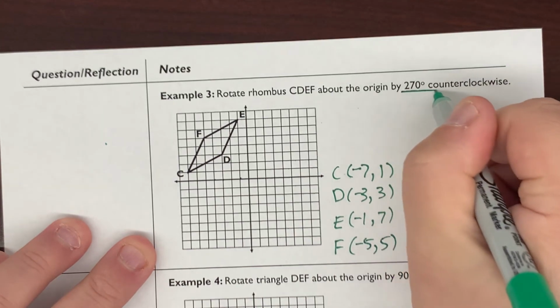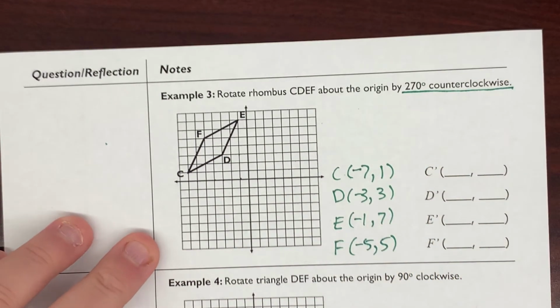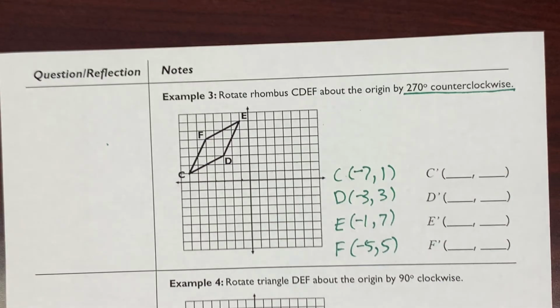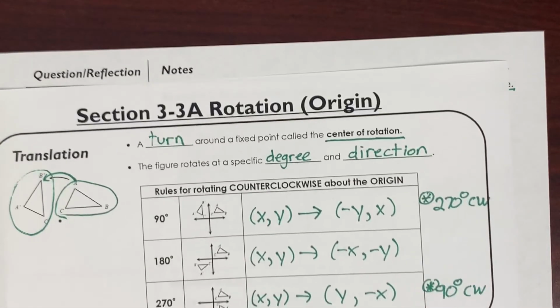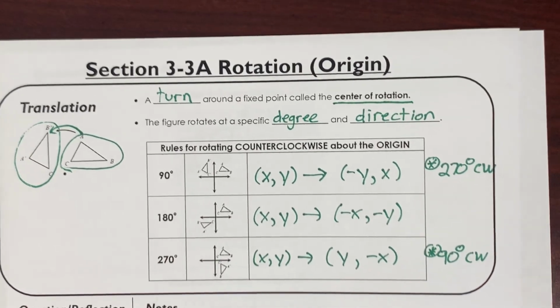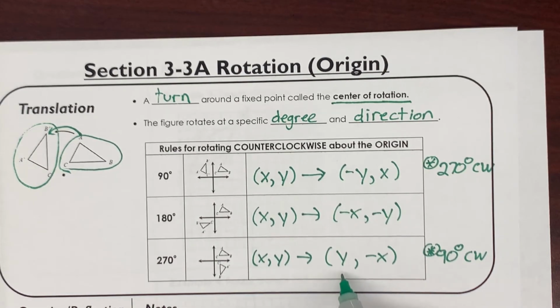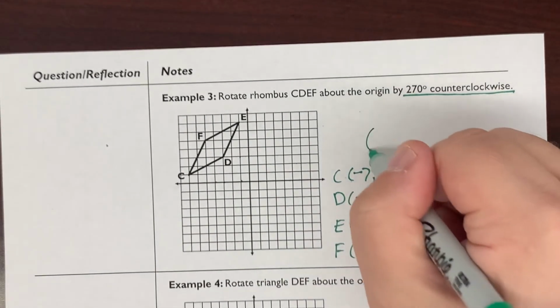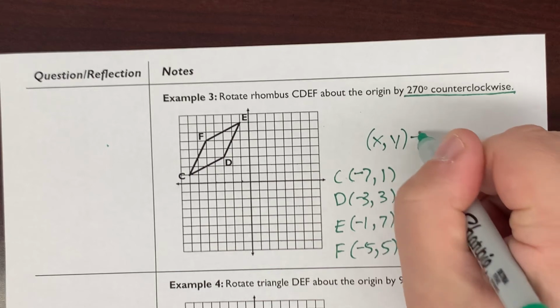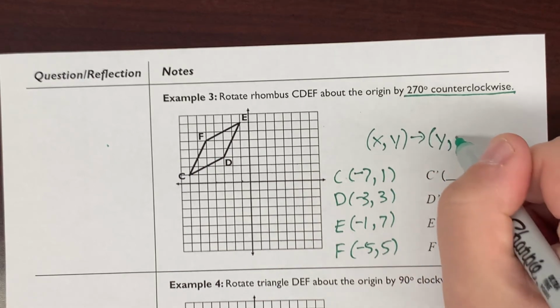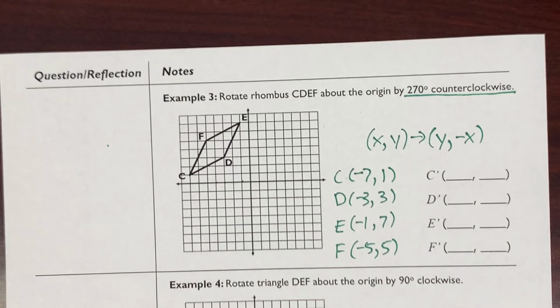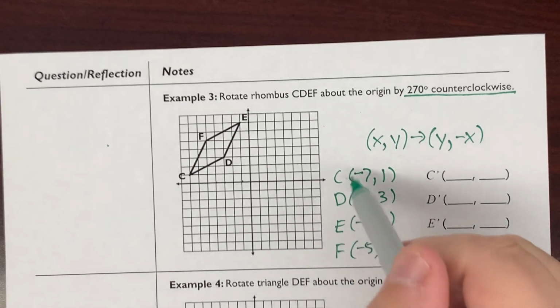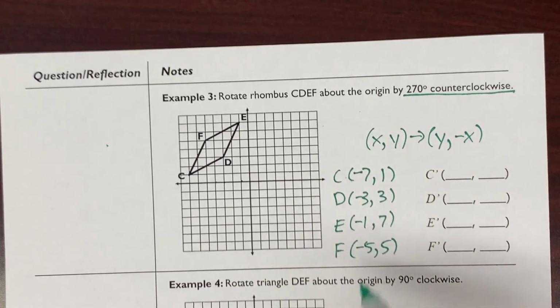We are asked to rotate this 270 degrees counterclockwise. So we come back and look at the table again. 270 degrees counterclockwise turns everything into Y, comma, opposite of X. So every single point that we have is transformed into Y, comma, opposite X. So we need to flip the numbers around, and then for all the negatives that we had in the X coordinates, we're gonna have to take their opposites and make them positive.